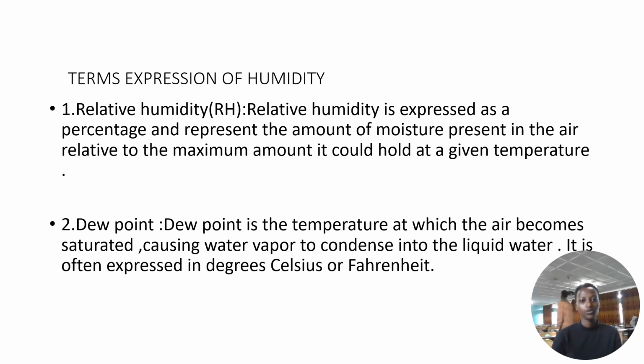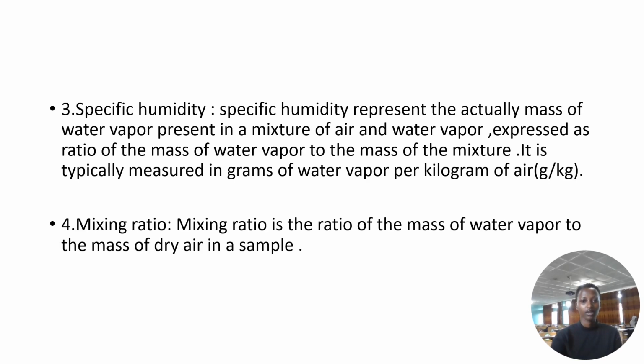Number 2 is dew point. Dew point is the temperature at which the air becomes saturated, causing water vapor to condense into liquid water. It is often expressed in degrees Celsius or Fahrenheit. Number 3 is specific humidity.